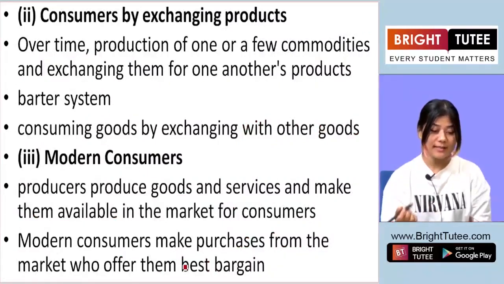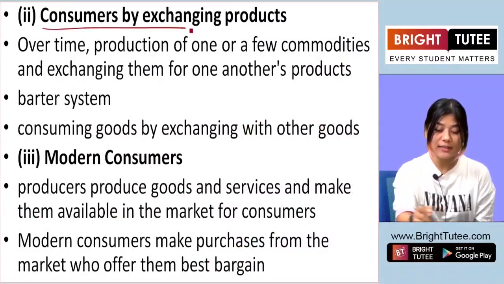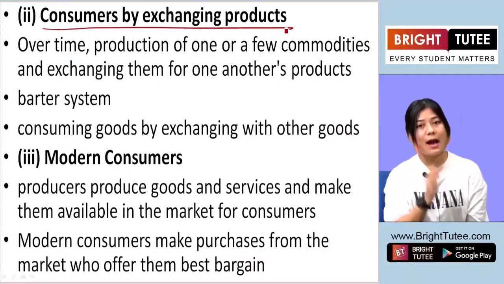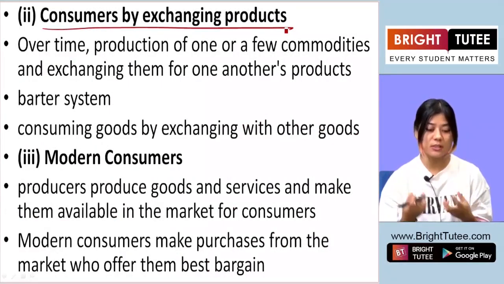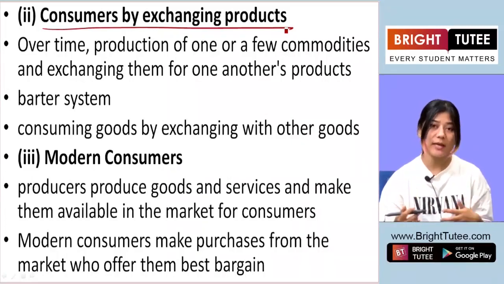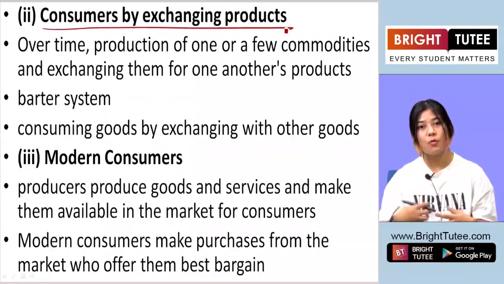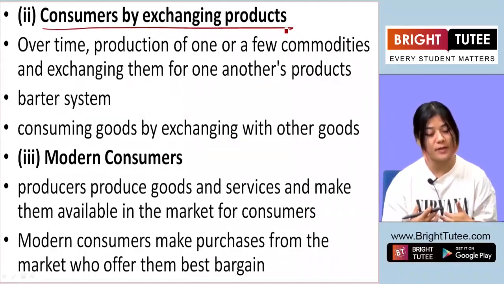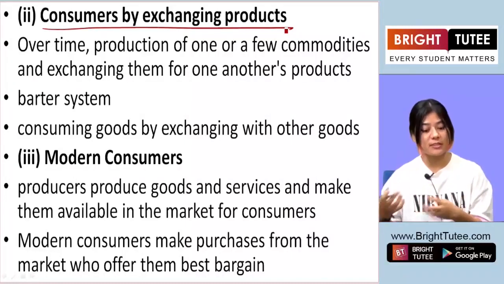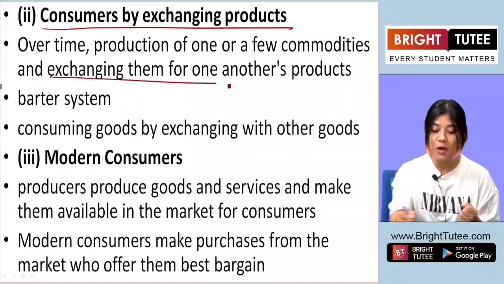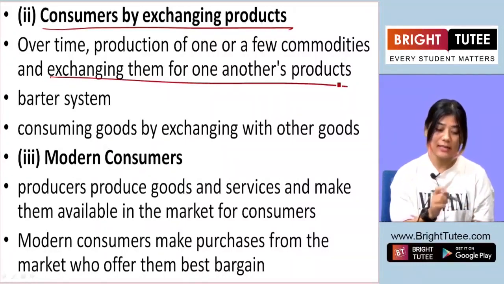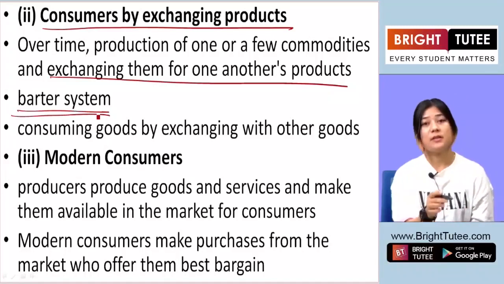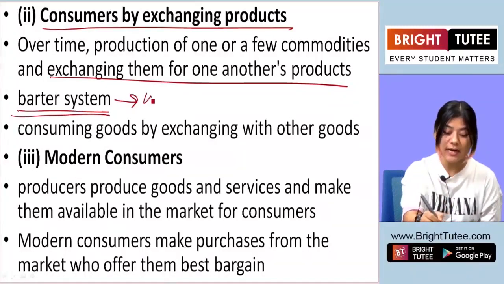The second one, consumers by exchanging products. So after people were self-consuming the goods and services, over time the production of commodities increased. They began to produce more than what was required only for them. Now that extra products, they started to exchange with other products of other people. In the last class we learned about the barter system, right, where commodities are exchanged.